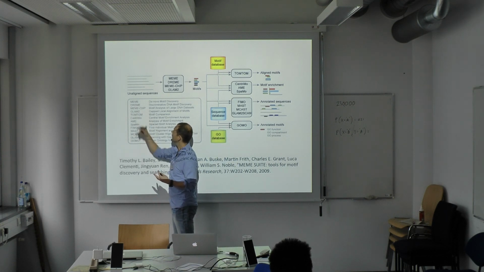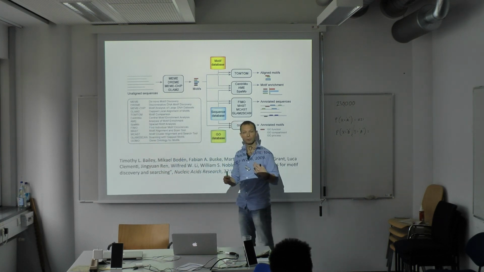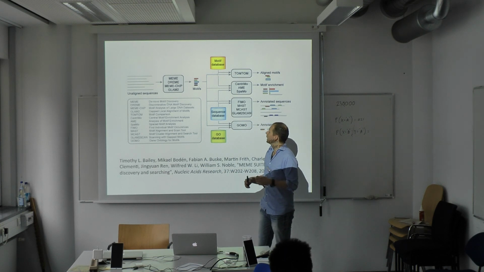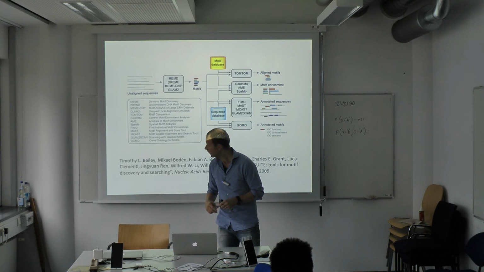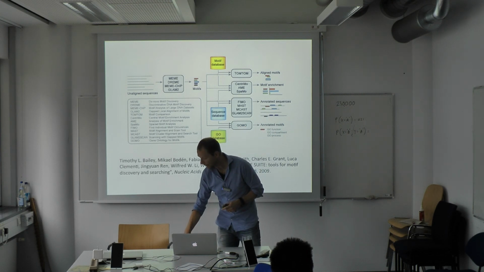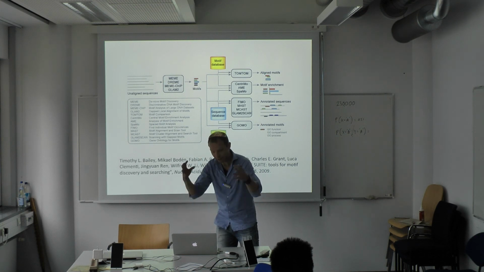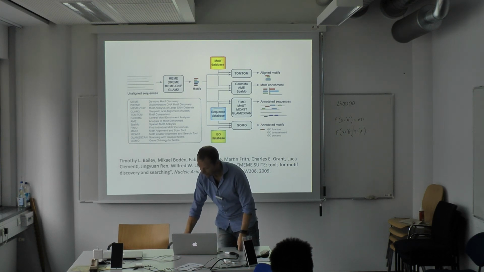DREME would be an alternative which uses enumerative motif discovery. And you can actually run them both on the same data set quite easily and get results that are usually quite comparable to one another, but they get there through completely different means.